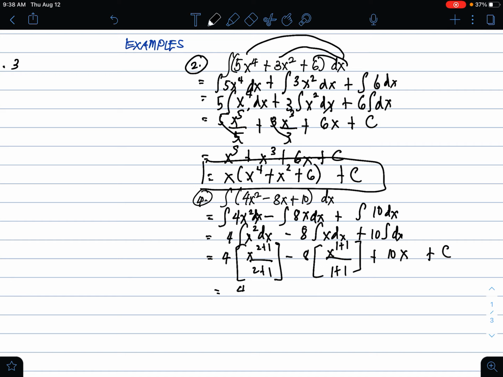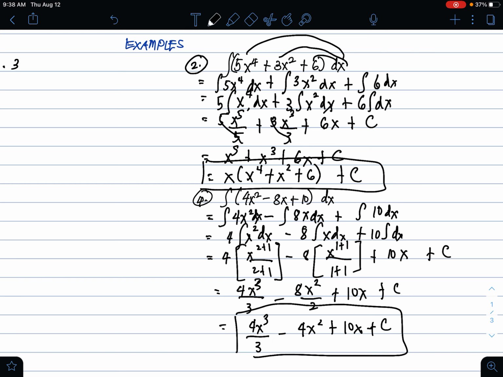So this is 4x³ over 3 minus 8x² over 2 plus 10x plus c. So simplify, minus 4x² plus 10x plus c. Final answer.